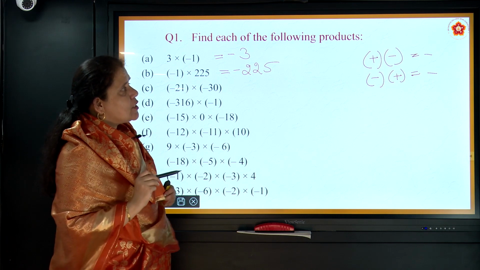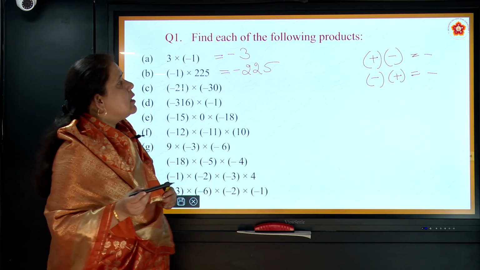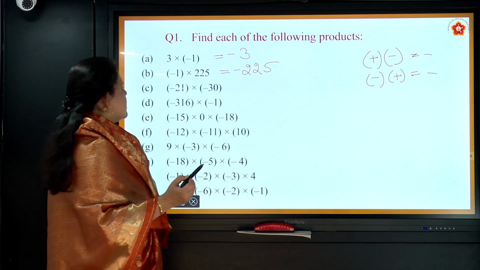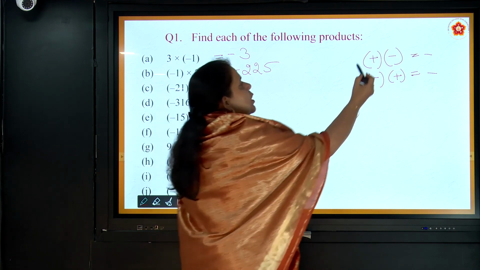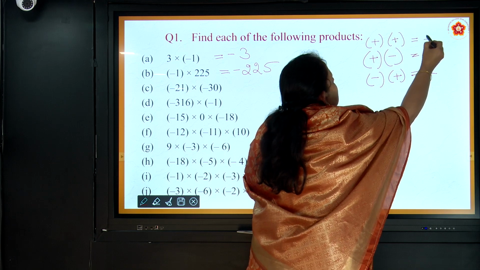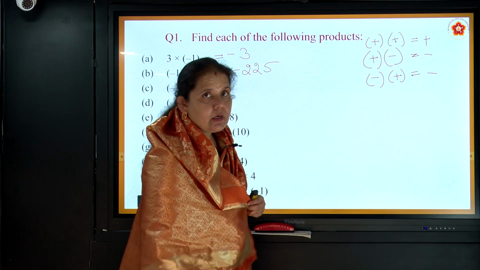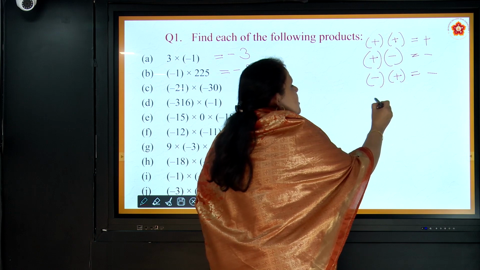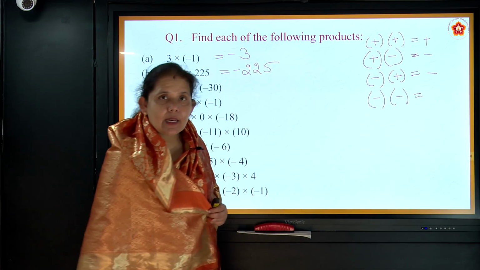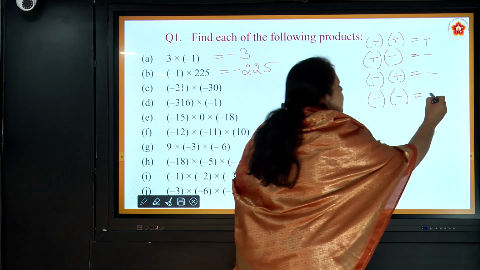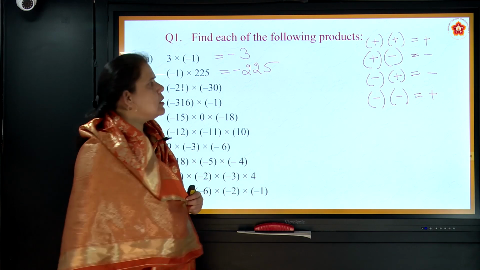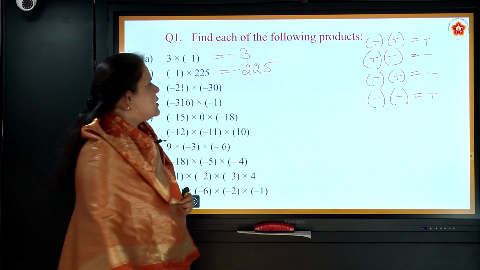So, whether the first one is plus or the second one is plus, we just have to see 1 plus and 1 minus. And what was the rule for both numbers positive? When we multiply them, the answer will be positive. And let's try to recall the last situation also. When both numbers are negative, and we multiply them, the answer will be positive. So, if you remember these 4 rules, you can solve the questions here.